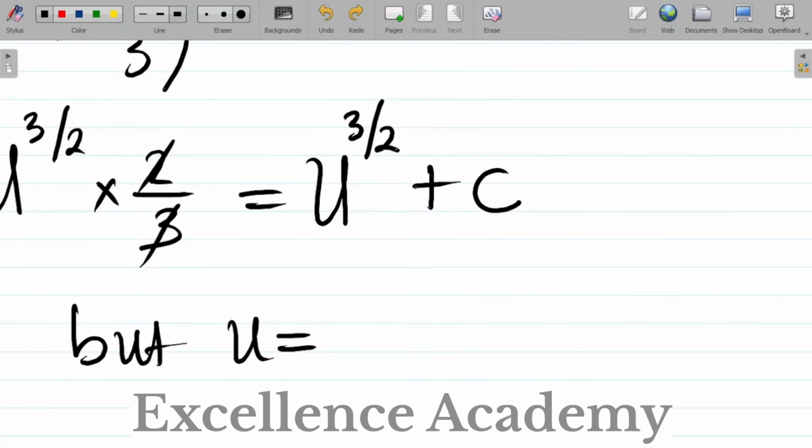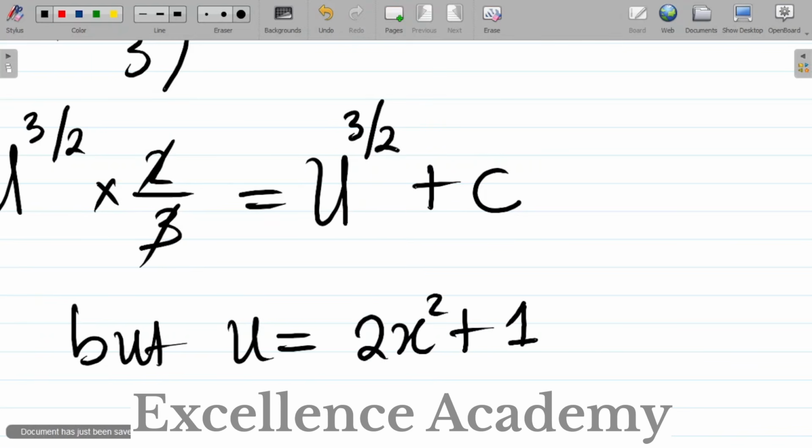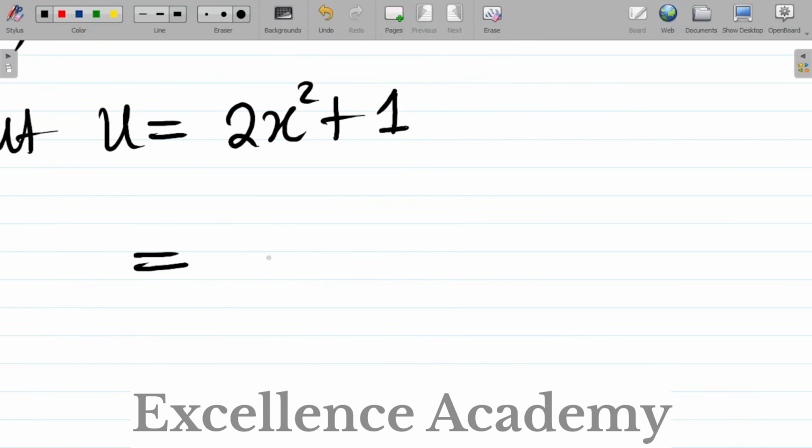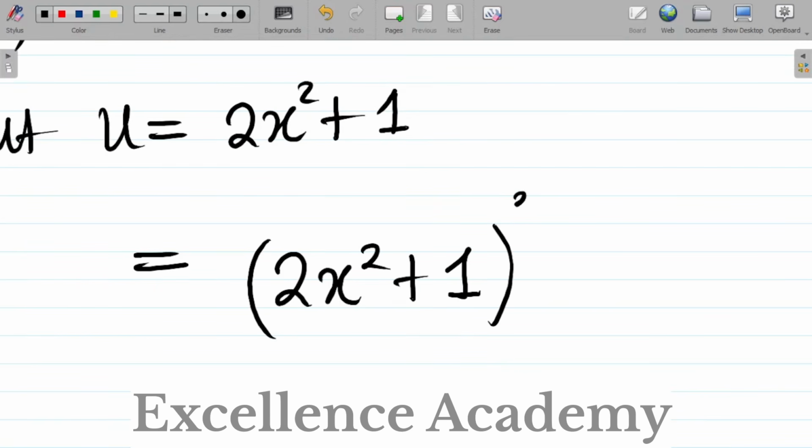All right, so u is equal to 2x squared plus 1. That means the integral is equal to u to the power 3 over 2, that's 2x squared plus 1 to the power 3 over 2 plus c. This is the answer to the question.